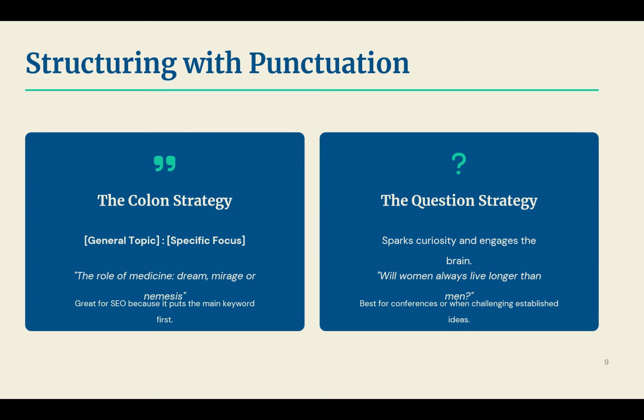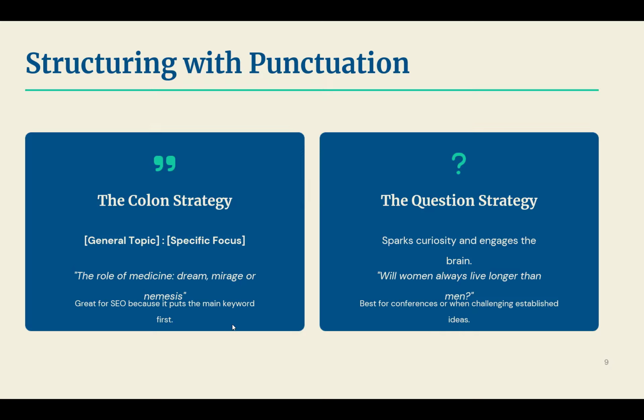You see the title example, the role of medicine, that is the general topic, and the specific focus is dream, mirage, or nemesis. So we talk about the role of medicine, whether it's a possible reality.